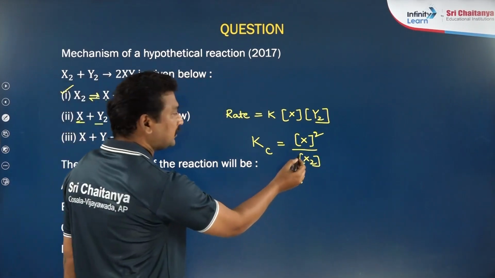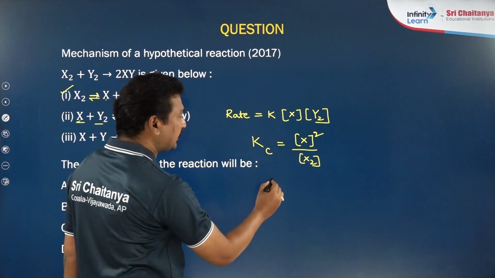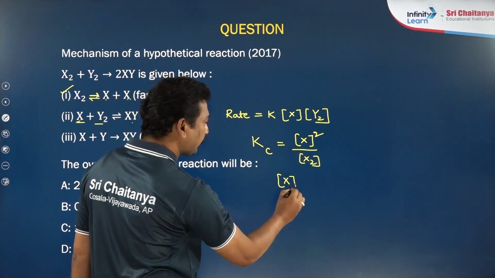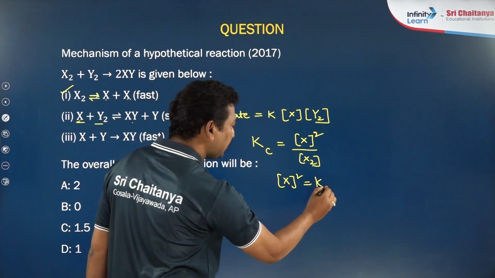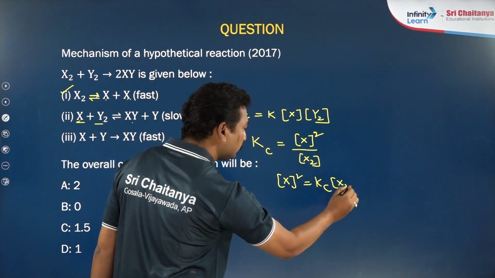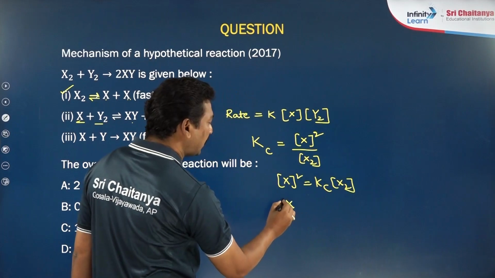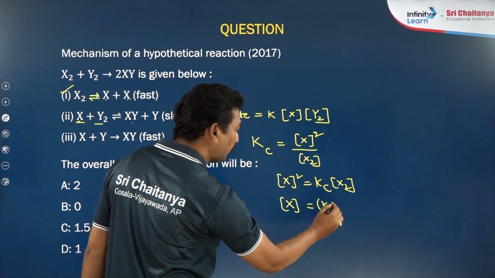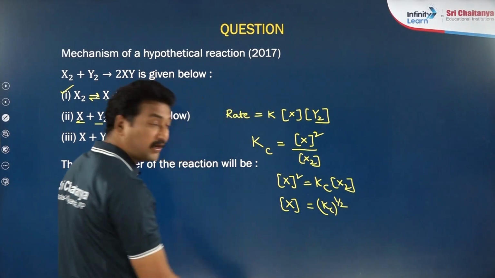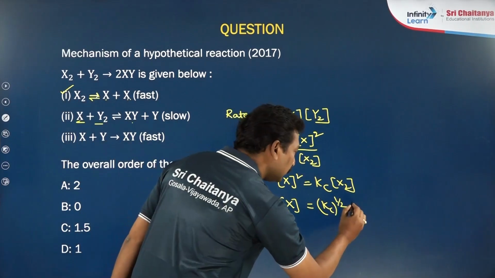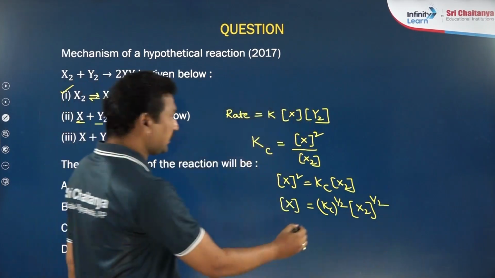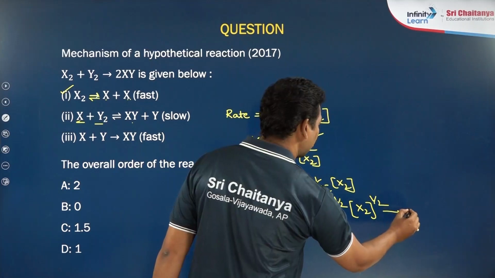So from this, I am isolating the X value. X square is Kc into X2, so X concentration becomes Kc to the power of 1 by 2 into X2 to the power of 1 by 2, otherwise you can write root Kc into X2 to the power of 1 by 2. Take this expression as 1.